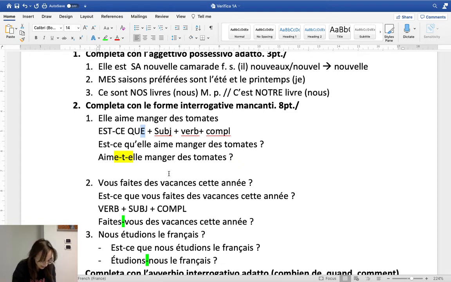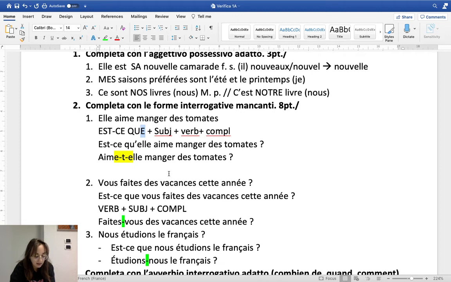Number 12, exercise 12, page 26. You have to put the phrases of the exercise above into the third form, okay? So, let's begin. Tu habites en France. Habites-tu en France? Number 2. Vous aimez écrire au tableau.